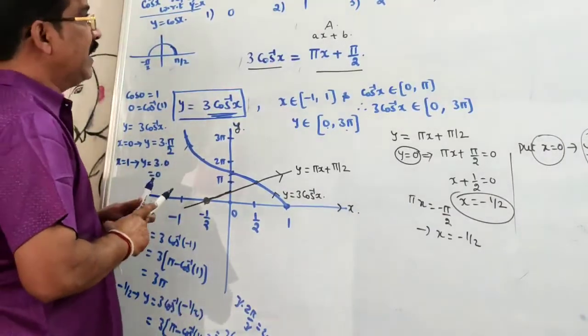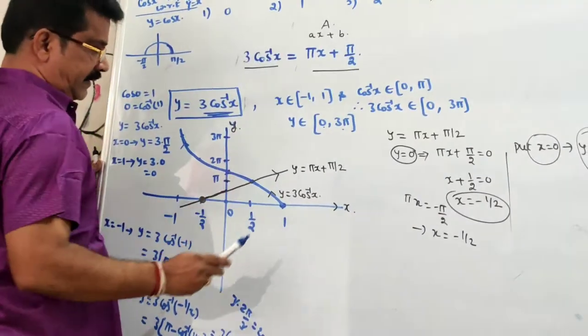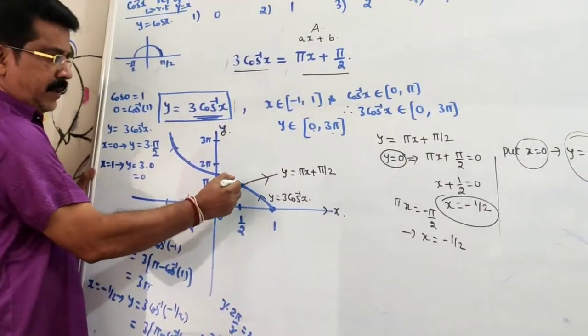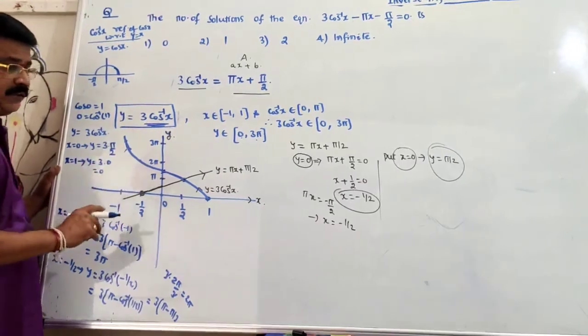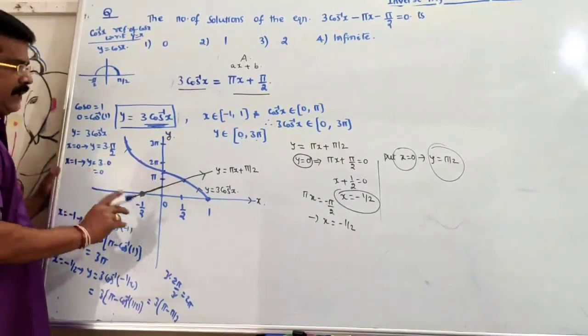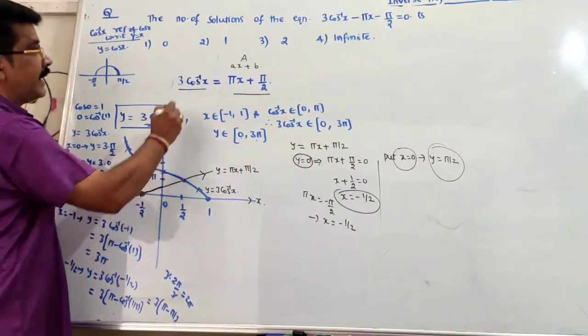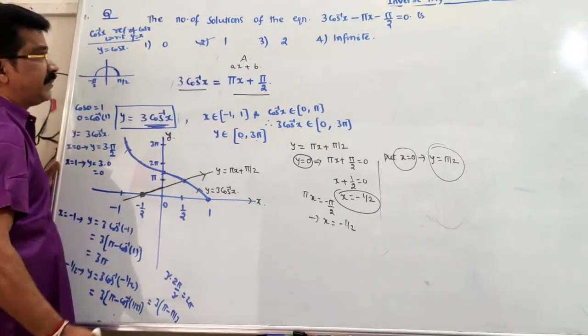Now the question is the number of solutions. The number of solutions means the number of points of intersection of the two graphs. Actually here only one is there. That's why, how many common solutions are there? Only one. That's why the second option is right.